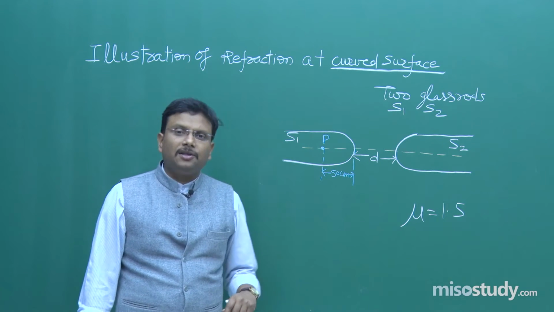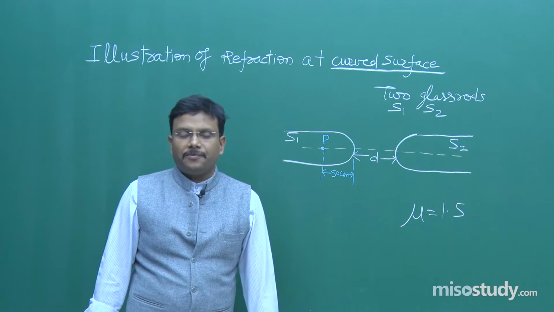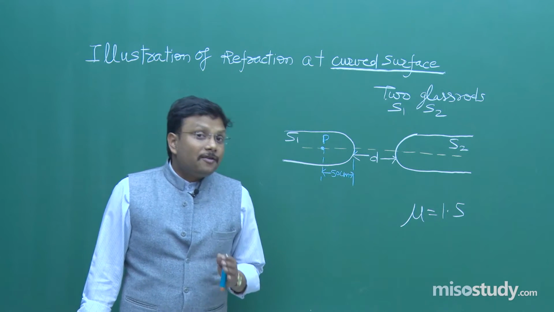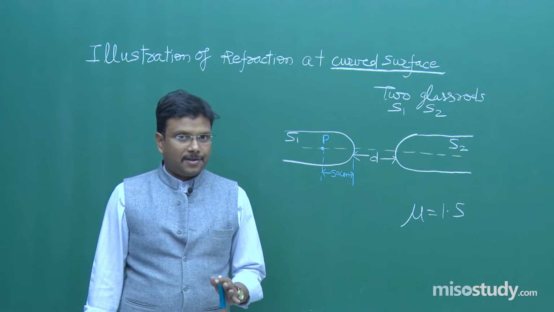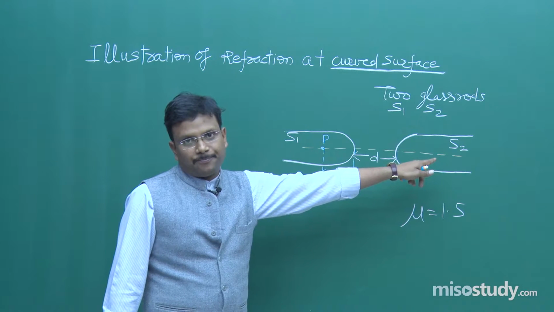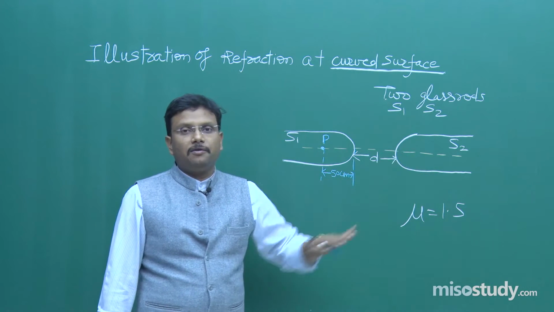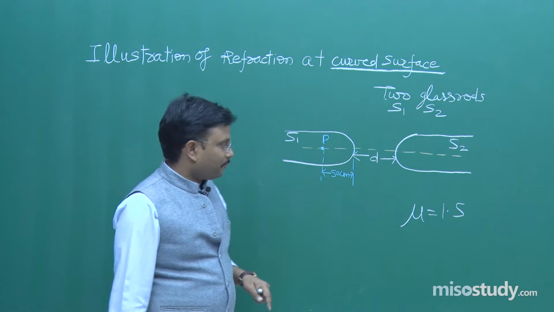Actually, why did I pick this illustration? When I explained refraction at curved surfaces in my previous videos, I used this type of structure. I basically cut out this portion from a solid sphere.